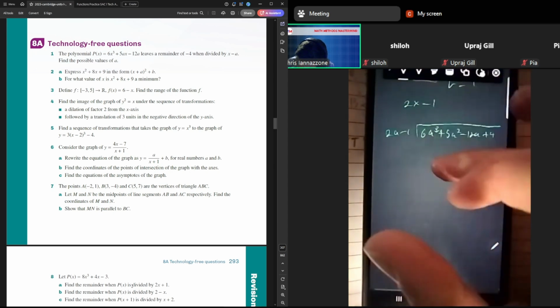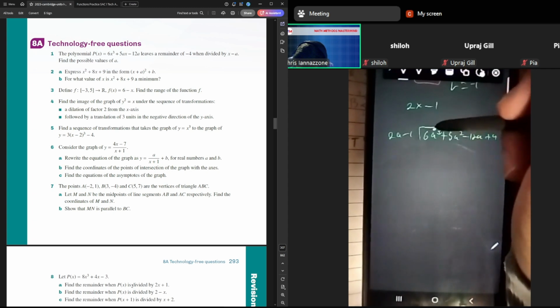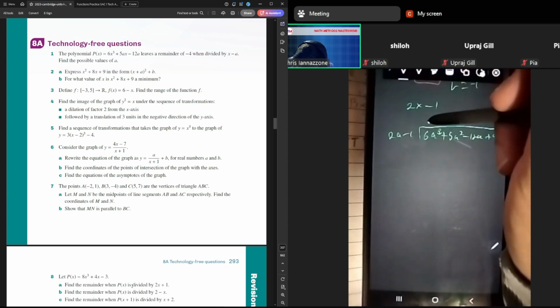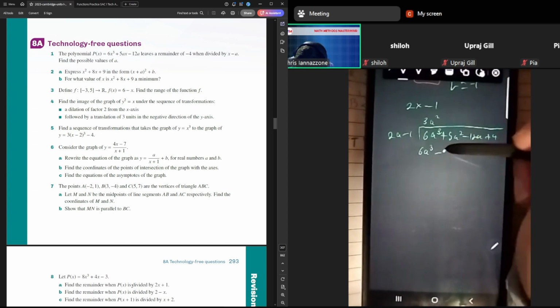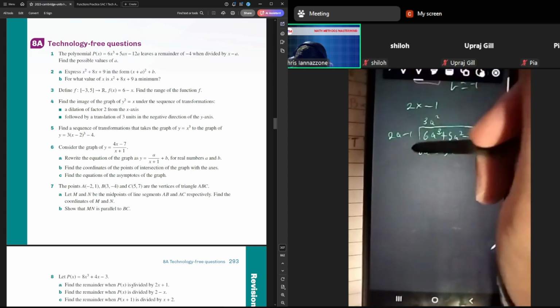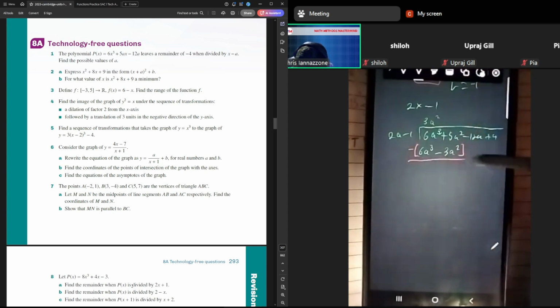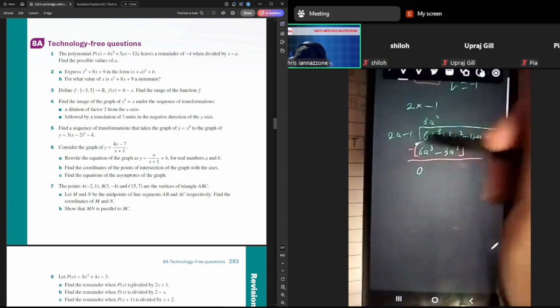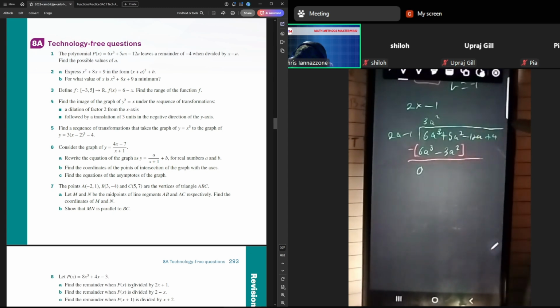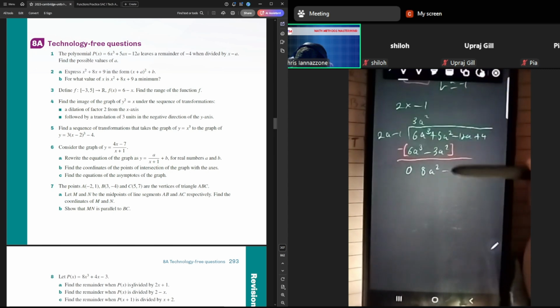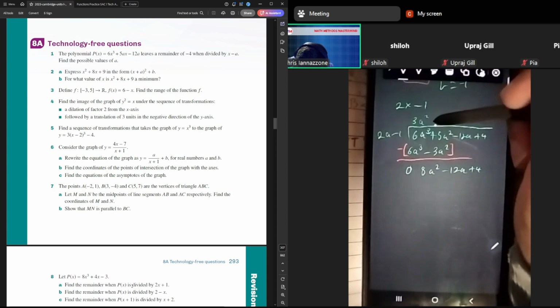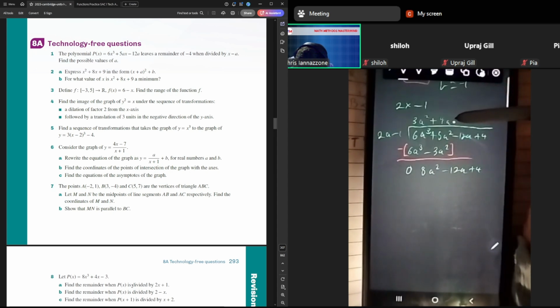All right. So leading terms divide. So 6a cubed divided by 2a is going to give us 3a squared. Multiply it back through, it's going to give you 6a cubed minus 3a squared. Subtract. It's a 0. 5 minus minus 3, so 5, 6, 7, 8a squared. Drop everything else down. 8a squared divided by 2a is going to be 4a.